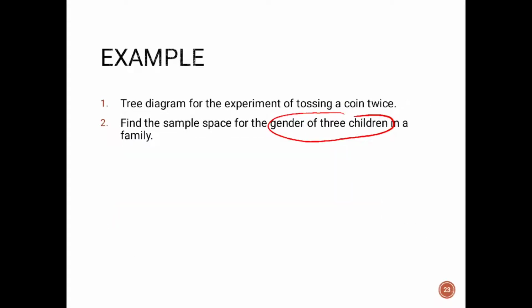For today, I will demonstrate the first one. Tree diagram for the experiment of tossing a coin twice. Basically, for this experiment, you have one coin, but you will toss it twice. So you will have this tree diagram: first toss and second toss.